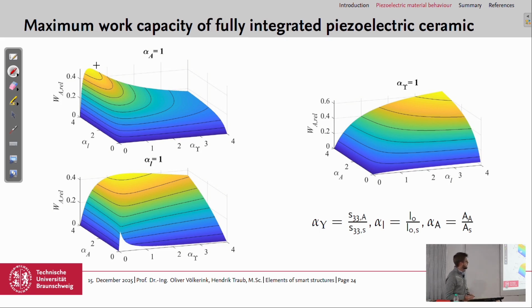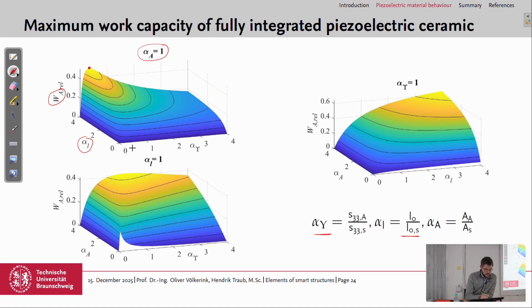I think they are maybe a bit small in the projection, but we have here WA, so the maximum work capacity, and here we say that alpha A is 1, so same cross section of the actuator and the structure, and then we vary here alpha L for the length and alpha epsilon for the stiffnesses, and we can see that we have here a maximum of work capacity when we have a length ratio of 4.